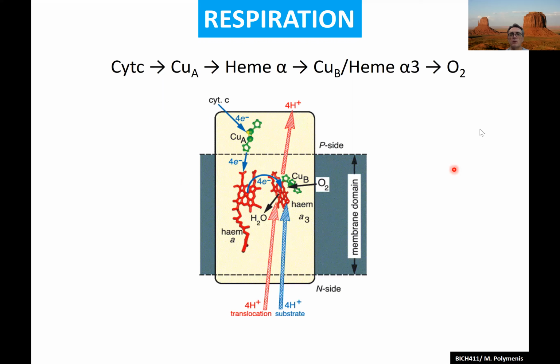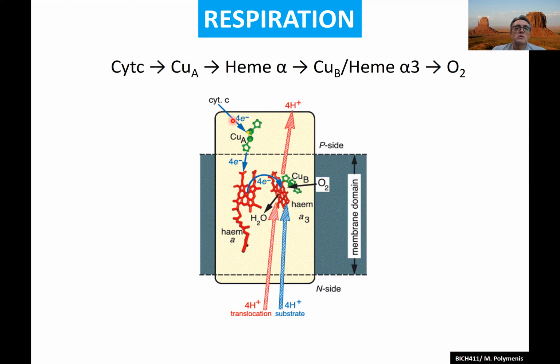So, let me move back up again. This is the outside, and the electrons coming from the cytochrome C. Remember, cytochrome C is on the aqueous side of the inner mitochondrial membrane, towards the intermembrane space, and the protons all come from the matrix. All right.